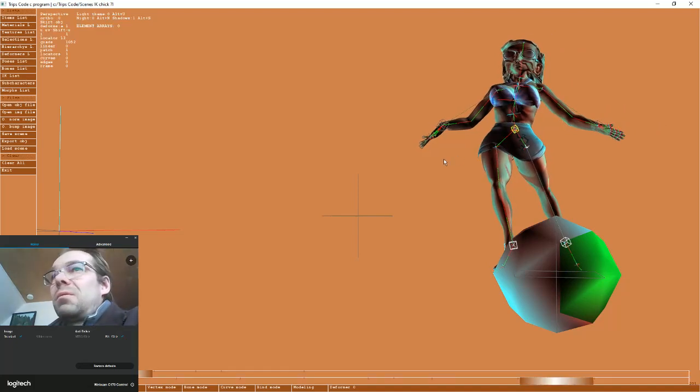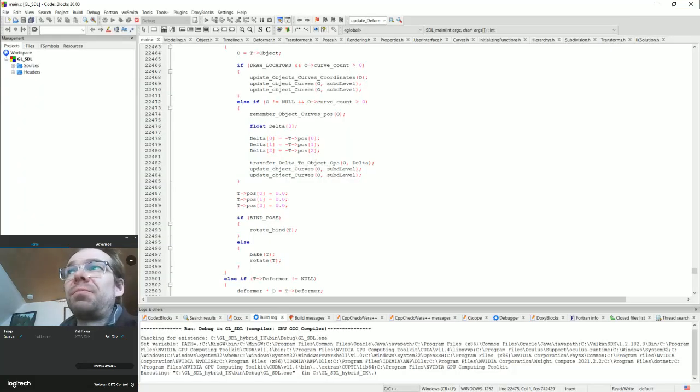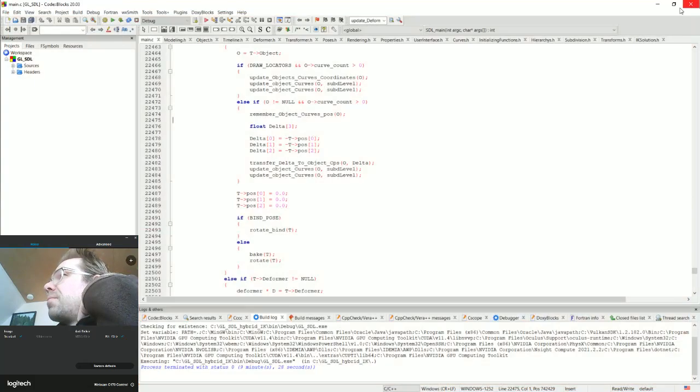Anyway, what it involved in this application, just start up Code::Blocks, and we can then observe what were the changes here. And it involves several aspects.